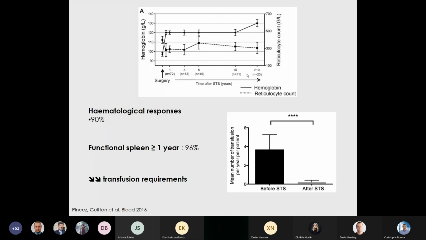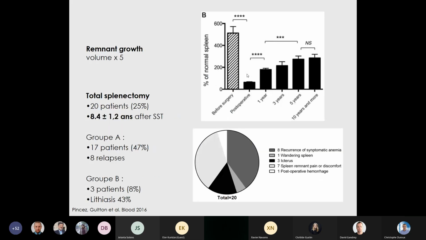The bad point is that you leave a little spleen tissue, you have spherocytes, so you have hemolysis, and so you have a progressive growth of the spleen remnant. You can see here the growth occurring during the first 5 years after the partial splenectomy. It doesn't go back to the original large volume, but still it's bigger than a normal spleen.